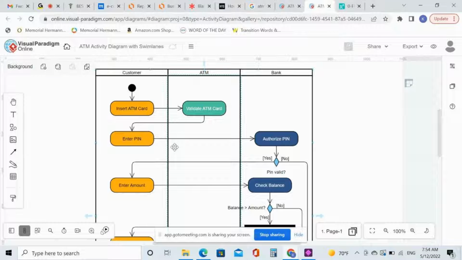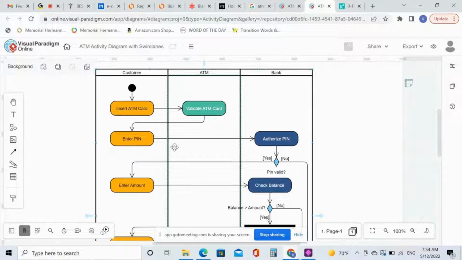If somebody wants to draw some money, the ATM machine will authenticate. Then it goes for the banking process, to process the amount and validate the balance.